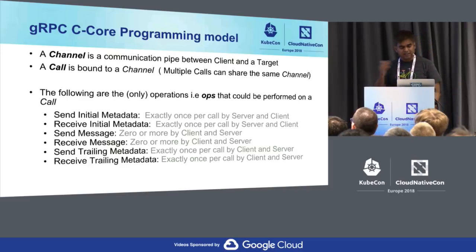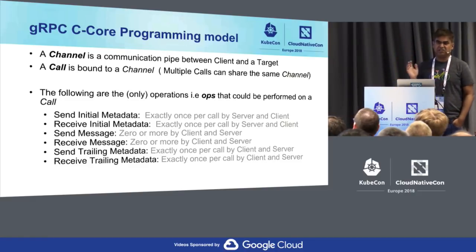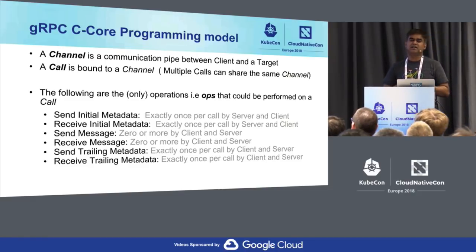Before diving into the life of an RPC, I wanted to take a couple of slides to talk about some of the common terminology, or the class of objects that we very commonly use in core. It also helps to understand the relation between these. Let's start with a channel.